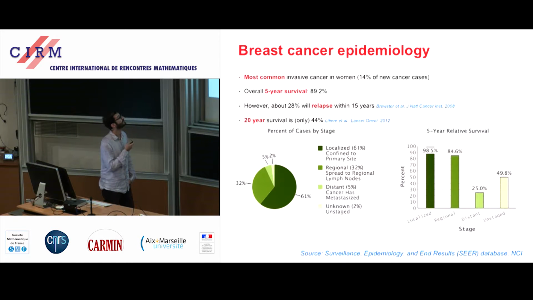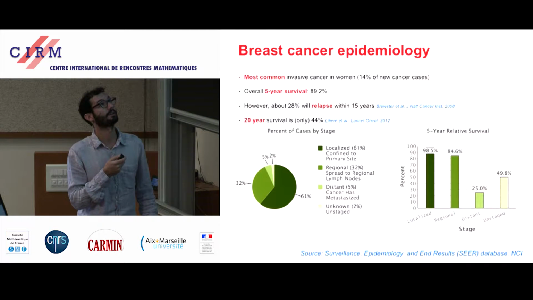So there is still a big challenge in being able to determine which of the patients will relapse with metastasis and which won't. And if you look at the 20-year survival, it's only 44%.